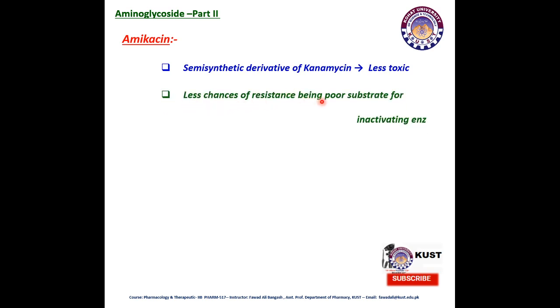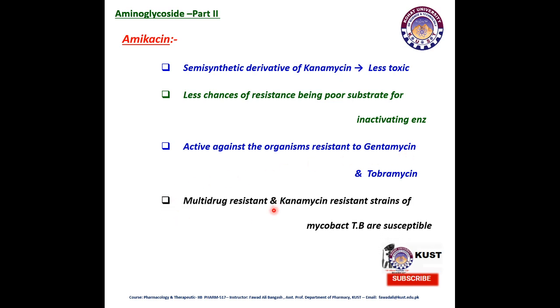There is less chance of resistance, being a poor substrate for inactivating enzymes unlike other aminoglycosides. It is active against organisms resistant to gentamicin and tobramycin. Multi-drug resistant and kanamycin-resistant strains of Mycobacterium tuberculosis are susceptible to amikacin.